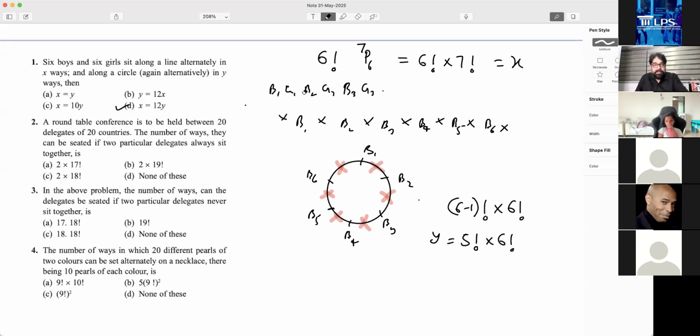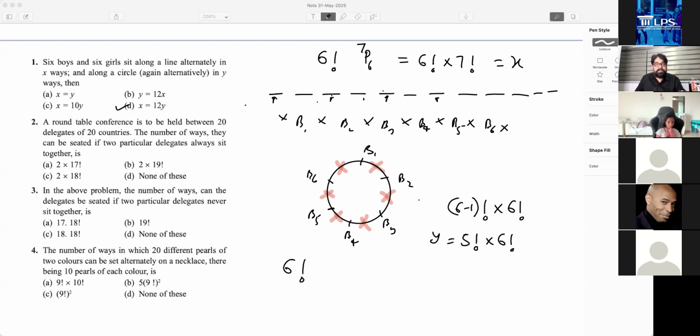So I think we have to multiply this answer by something extra. So let's fill it again. Total 12 places we have to draw: 1, 2, 3, 4, 5, 6, 7, 8, 9, 10, 11, 12. So first, out of these places, we have to do it alternately. And on these places, only boys will come. The boys can be arranged in 6 factorial ways. And in the balance 6 places, girls have to come.